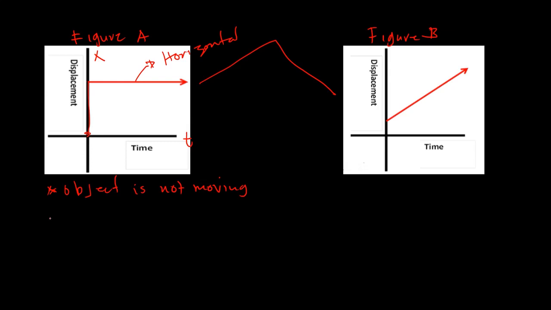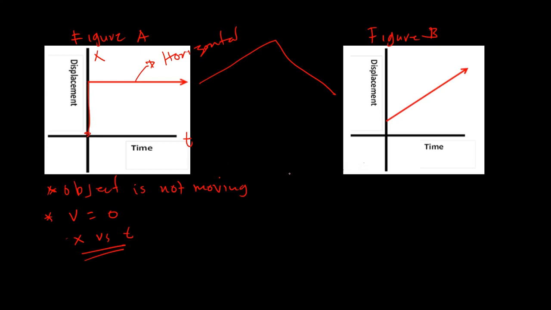Meaning to say, if the object is not moving, velocity here is 0. So that's how we interpret this graph in terms of a position versus time graph.